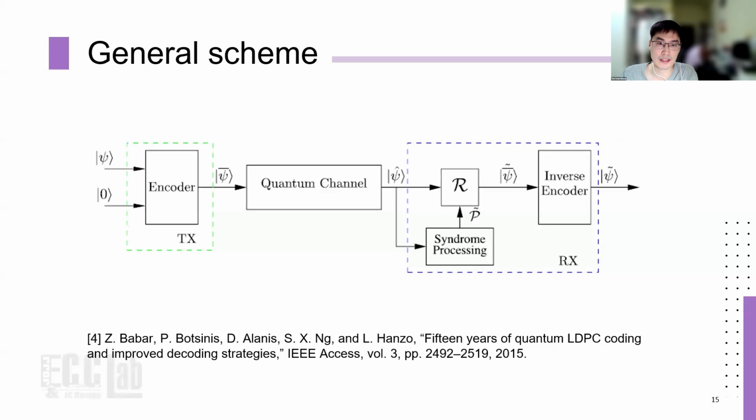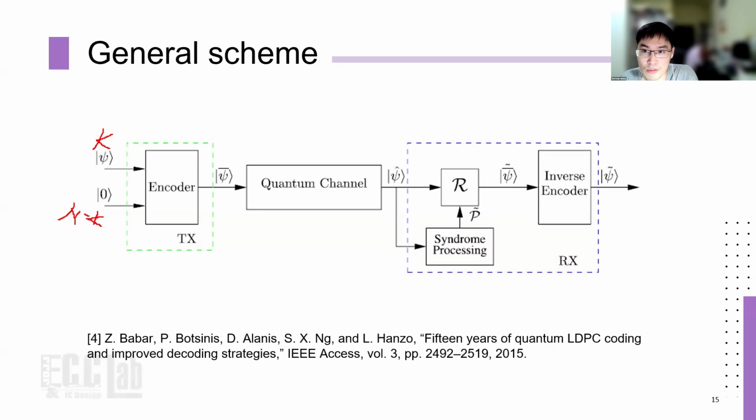So now let's look at a general scheme. So first, k qubits original state psi is entangled with n minus k qubits and sent to the encoder.